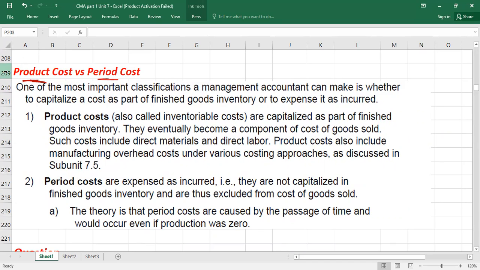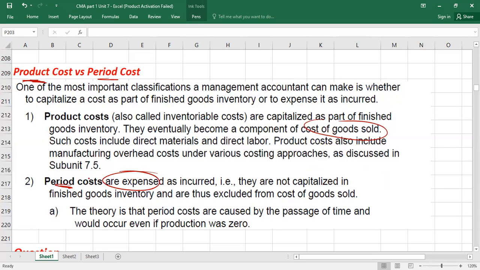Any cost which will be taken to the inventory value, inventory cost, is called product cost. And ultimately these costs are written where? In cost of goods sold. Any cost which will be written under the section of cost of goods sold is product cost.